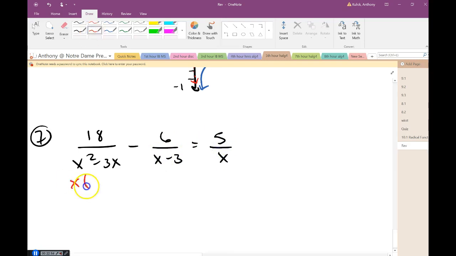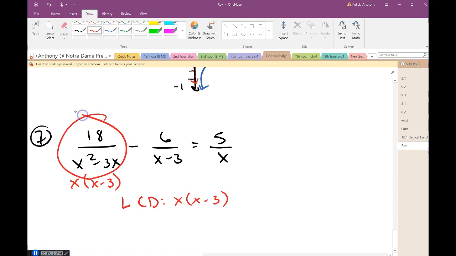So I'd start by factoring the denominator. And then let's try to do this the same way we did the previous one by making a least common denominator. So notice the least common denominator will be. So what do I need to multiply this fraction by? Are you sure?